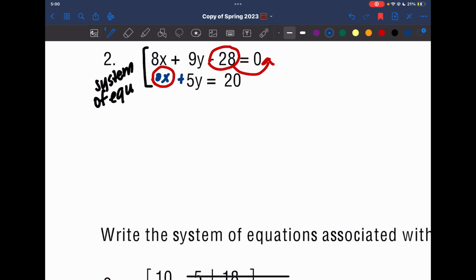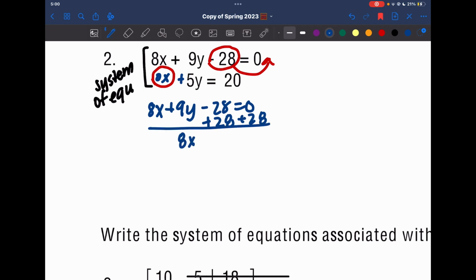So let's go ahead and rewrite these into a clearer system. When we're looking at the first row, it's going to be 8x plus 9y minus 28 equals 0. I'm going to add 28 to both sides. So now we have 8x plus 9y equals 28. That's the first row of our new system.